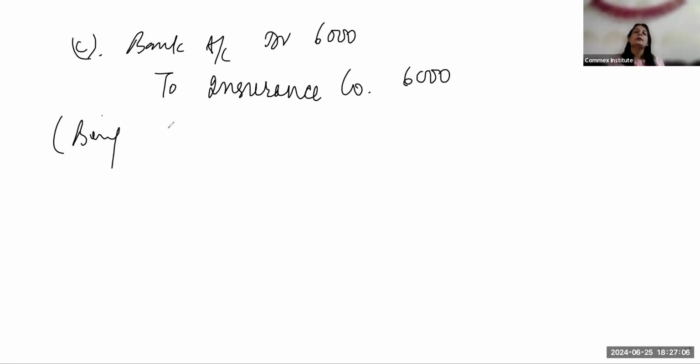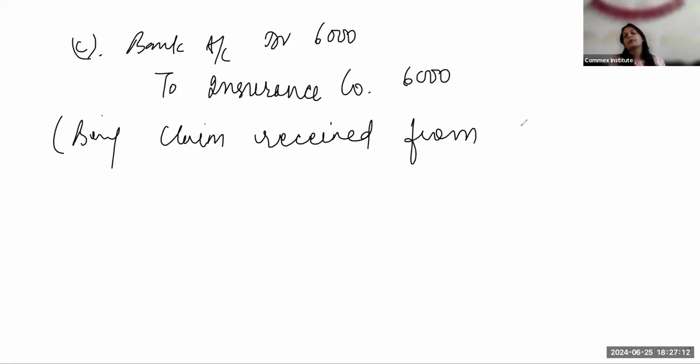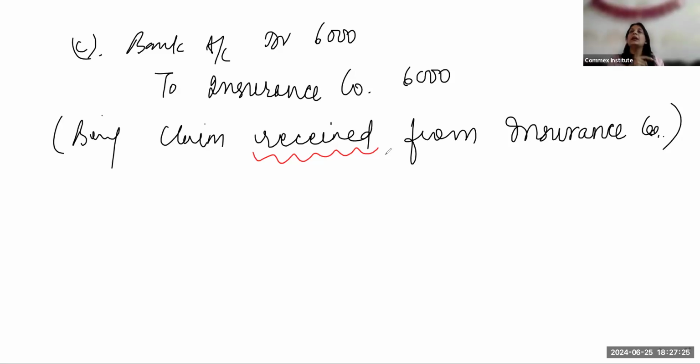And this would be being claim received from insurance company. Write the narration along with the transaction, Priyanka. Now, what is the difference between B and C entry? Here, the claim is being received, and in B entry, the claim is being accepted. First, the claim is accepted, and then it is received.